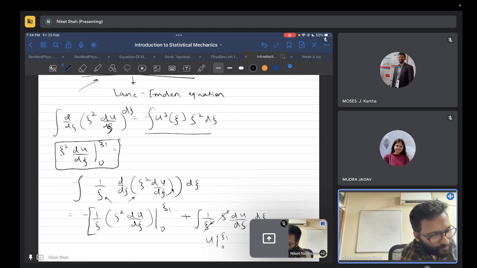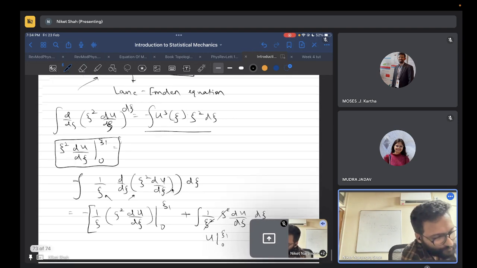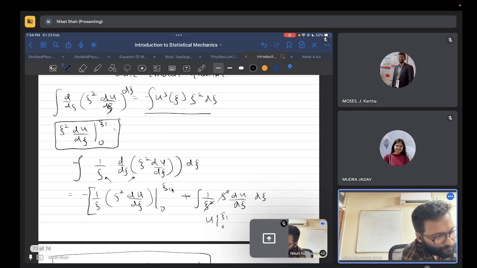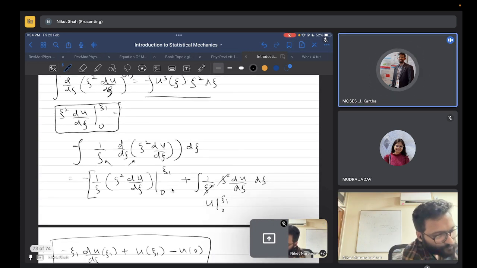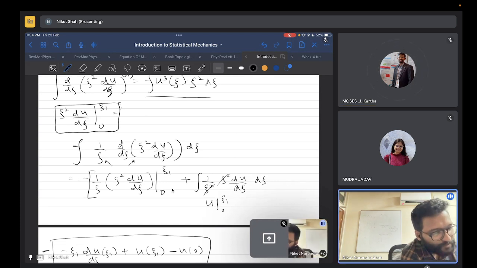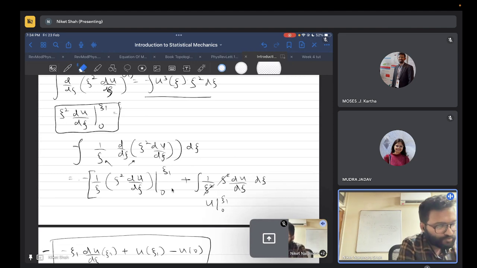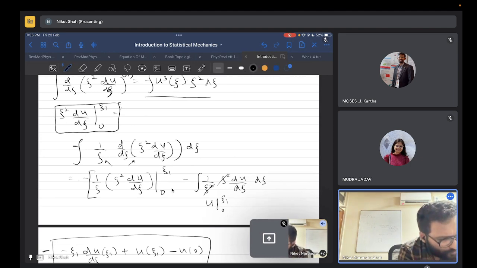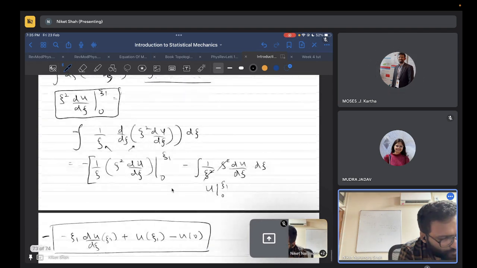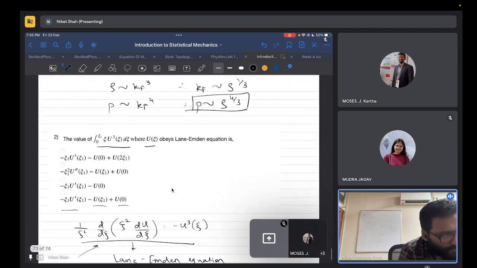So I do have a minus sign here. Did I miss it out later? Oh, there was a minus coming from outside. There was minus because of the expression also. So there should have been a minus here. Is that what you're saying? So is this also? Yeah. Then we are done. Yes.